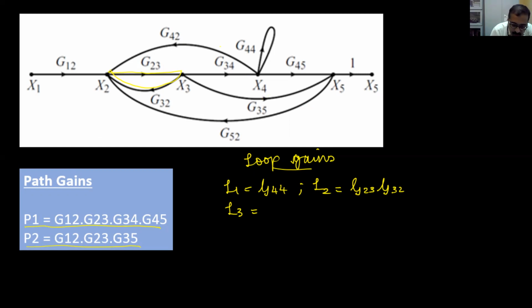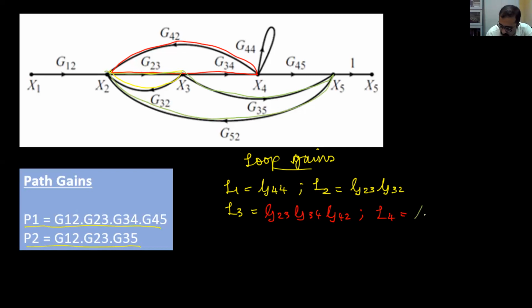Yes, G23 G34 G42. That is another loop gain. Any other loop gain? Try to find. G23 G35 G52. Can you see that? That is another possible loop.